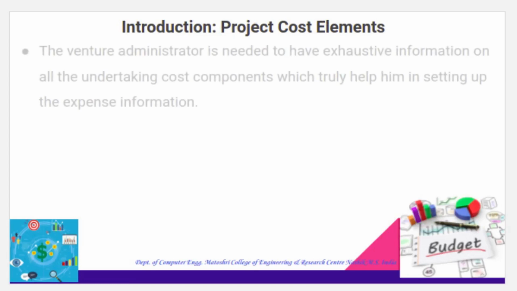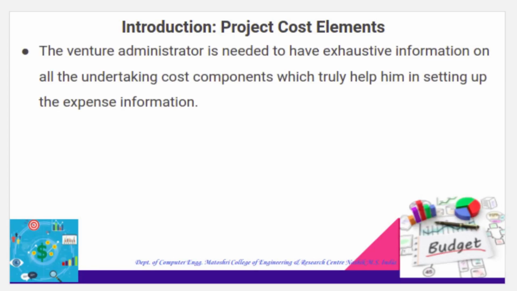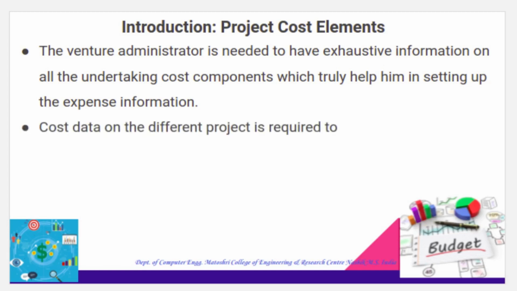The project manager is required to have thorough knowledge of the project cost elements, which in turn helps in preparing the cost data. Cost data on the different projects is required for three important elements. First, assist decision making. The manager makes decisions in budget preparation that serve as a plan of action.